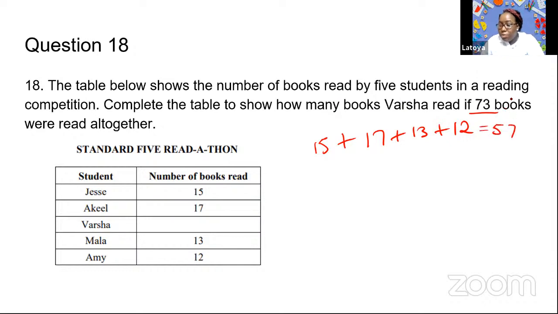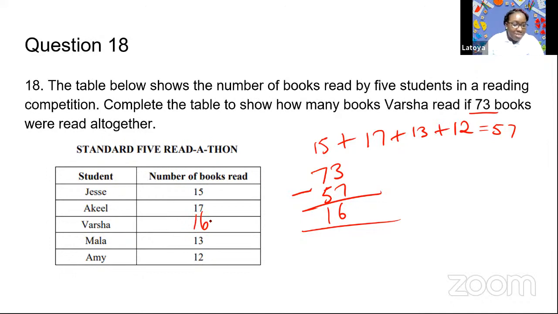Then all we have to do is subtract: 73 take away 57 is going to give us 16. So Vasha read a total of 16 books. Very nice.